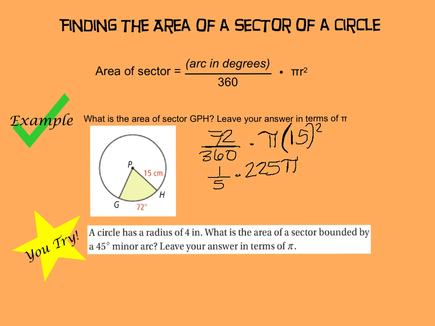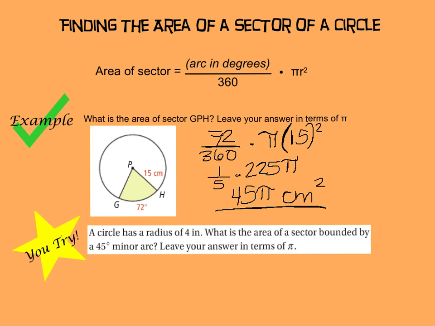And now 1/5 of 225 is going to be 45 pi. And it says leave your answer in terms of pi. So our area of sector GPH is 45 pi centimeters. And since we're talking about area, it's going to be squared. So here's our answer.